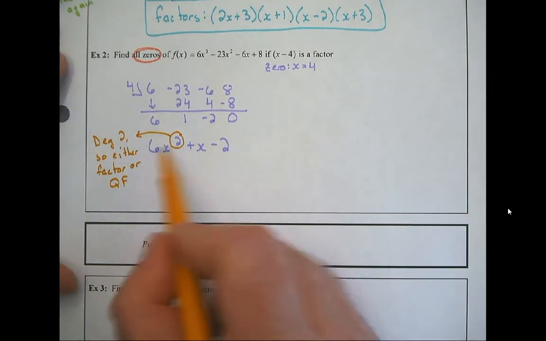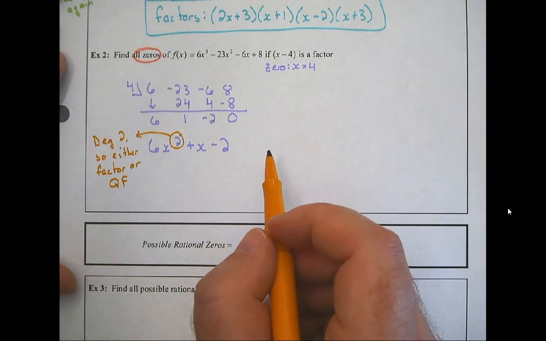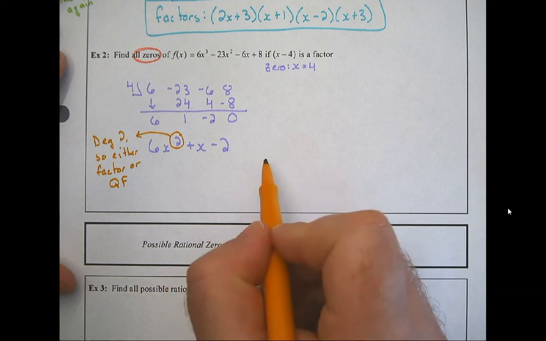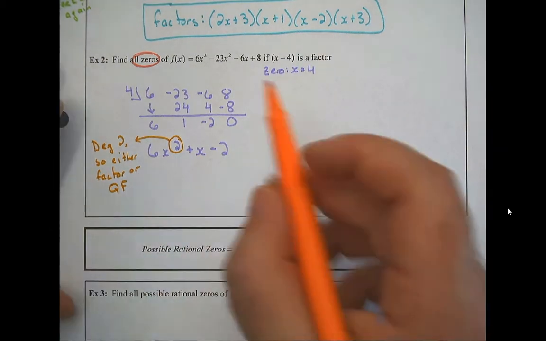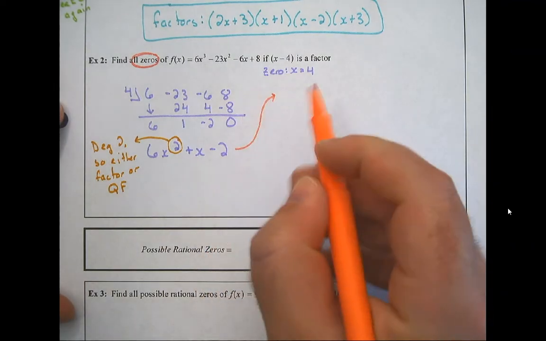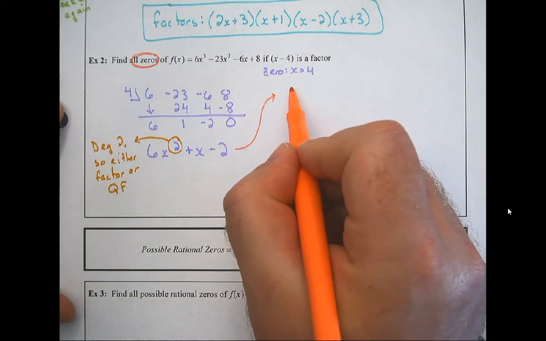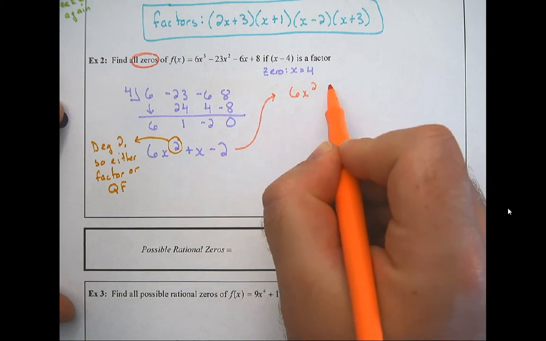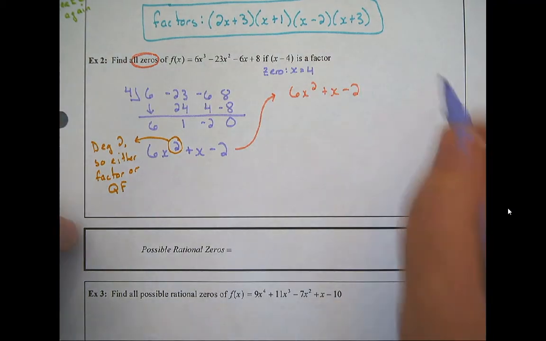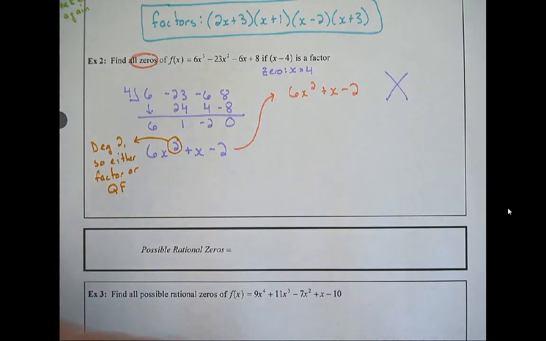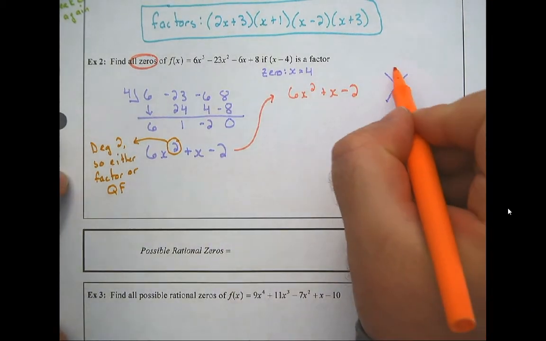Let's see, 6 times -2. Actually, I'm going to draw this up here. So 6x squared plus x subtract 2. My factoring, 6 times 2 is -12.